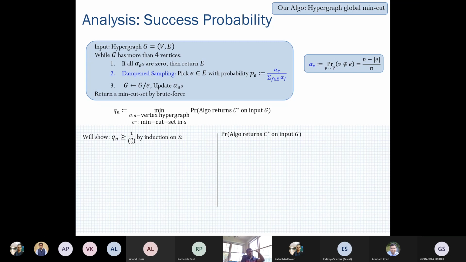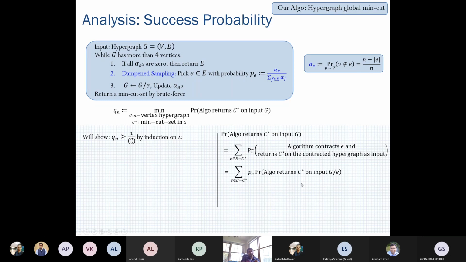Right, so let's look at the n-vertex hypergraph G and the min-cut set C star on which this Qn is achieved. Now the probability that the algorithm returns C star on input G is the sum over all hyperedges which are not in C star of the probability that the algorithm contracts such a hyperedge E and returns C star on the contracted hypergraph as input. Now, the probability of contracting the hyperedge E is this PE, which is coming from the algorithm here.